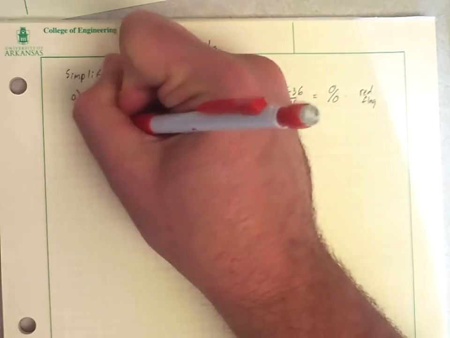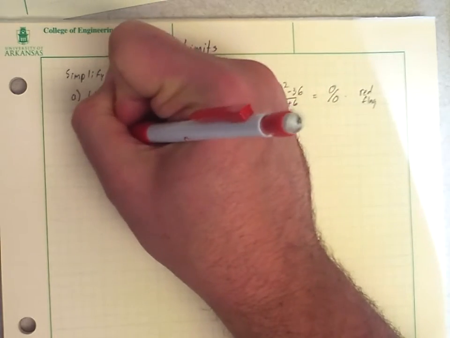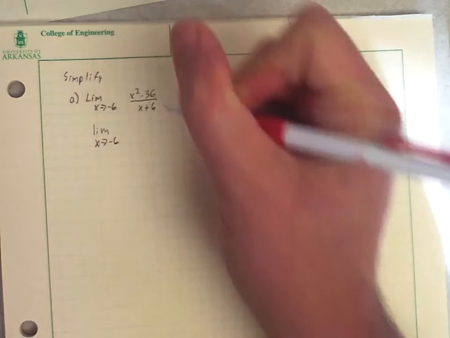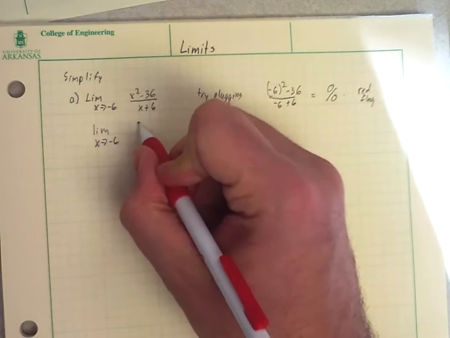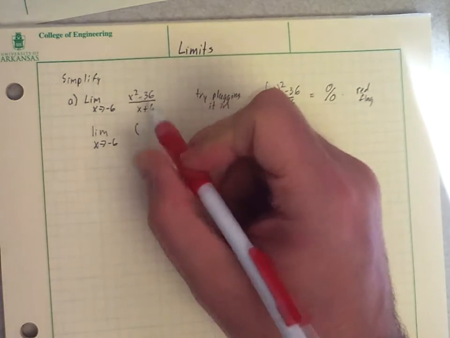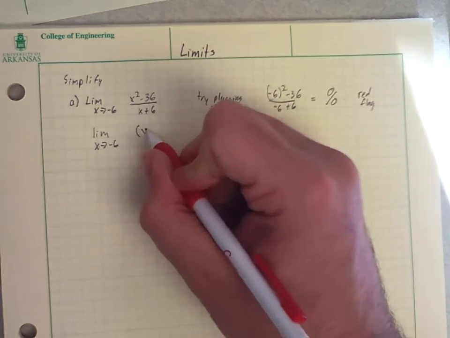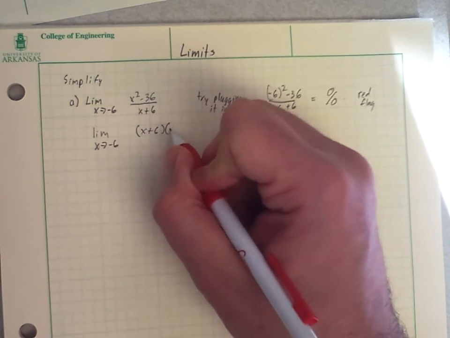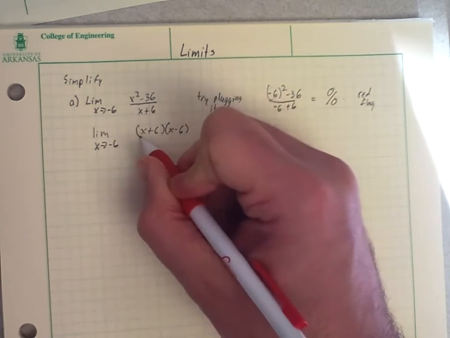If I rewrite this, the limit as x approaches negative 6, I can factor the top. It's the difference of two squares: x plus 6 times x minus 6.